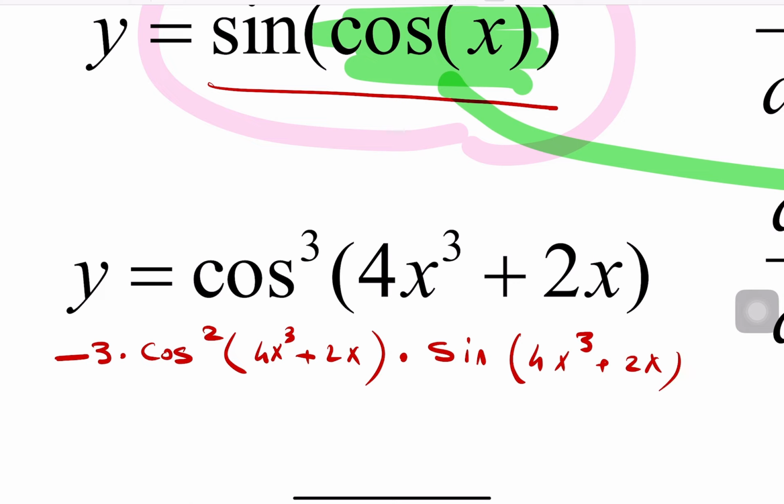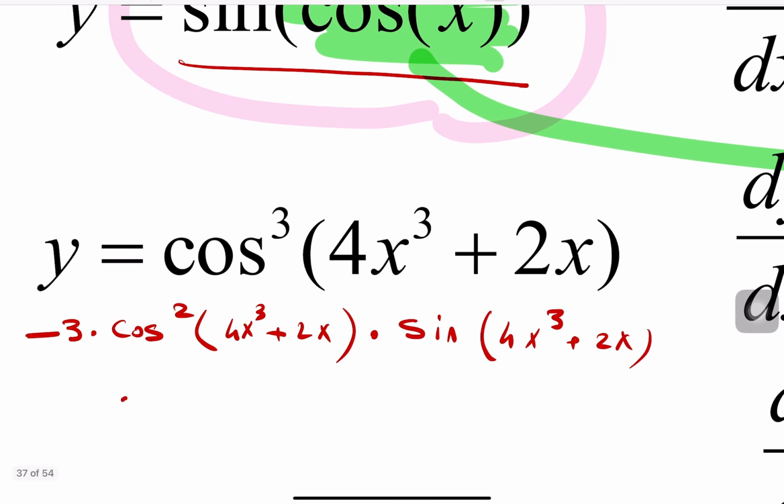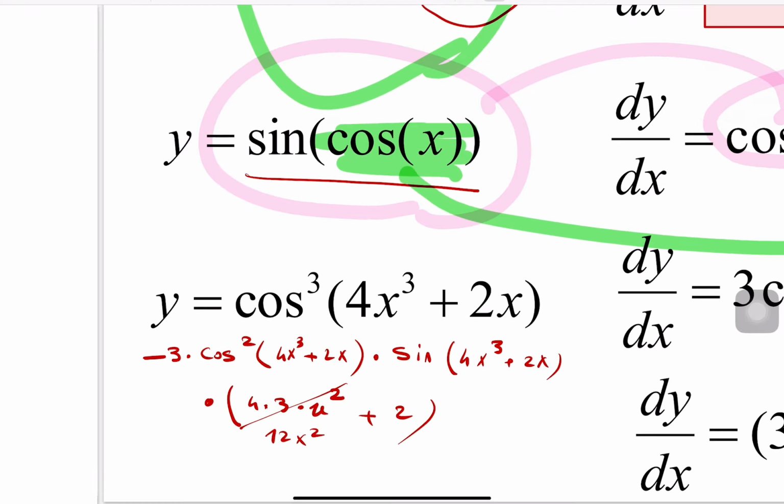It is the derivative f prime of g(x). And second, we have to multiply by the derivative of the inside. The derivative of 4x^3 is 4 times 3 times x with the power decreased by 1, so x^2. It will be 12x^2 plus 2. The result will be this one.